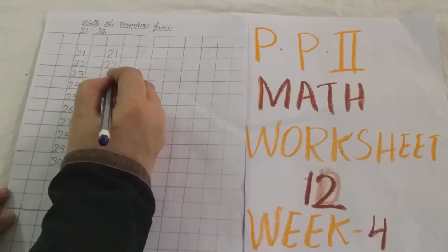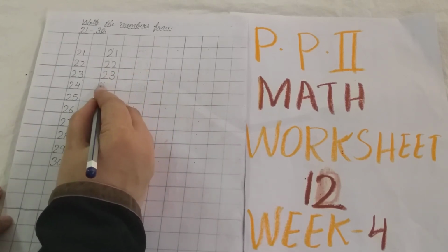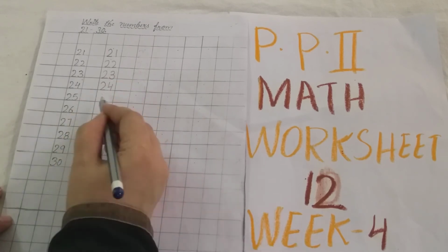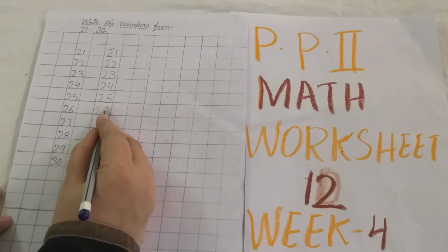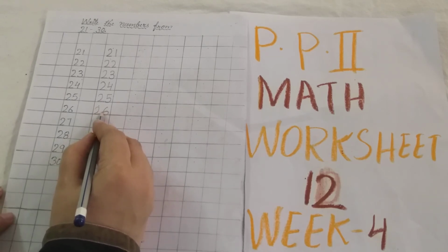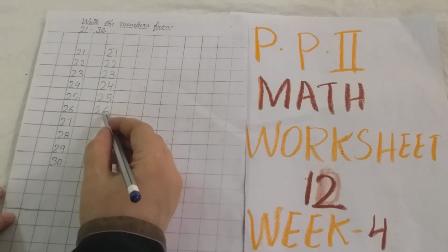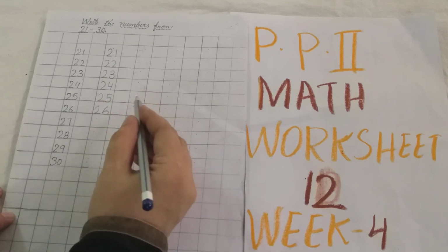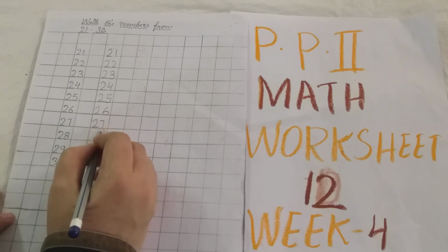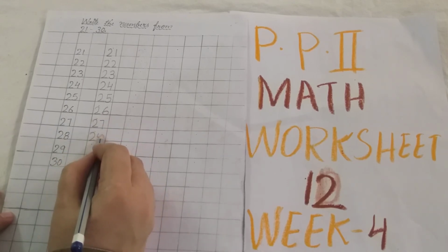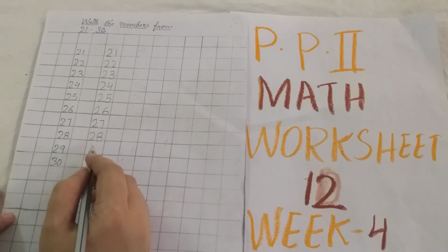2, 2, 22. 2, 3, 23. 2, 4, 24. 2, 5, 25. 2, 6, 26. Once again I am repeating that. See how I am writing here. I am touching the line and I am writing both the numbers equally. Okay. 2, 7, 27. 2, 8, 28. Write properly children. Touch the line.